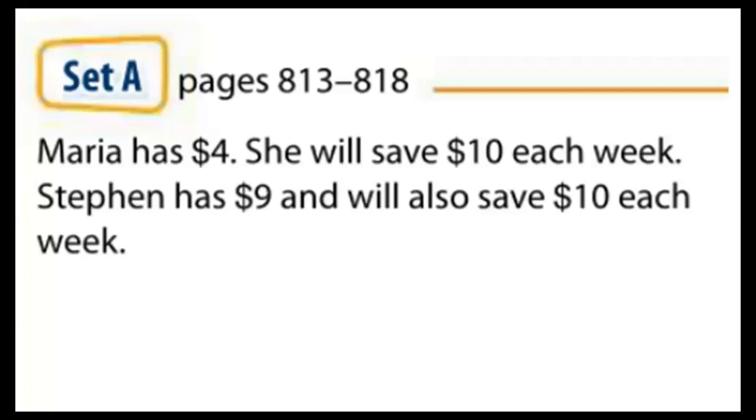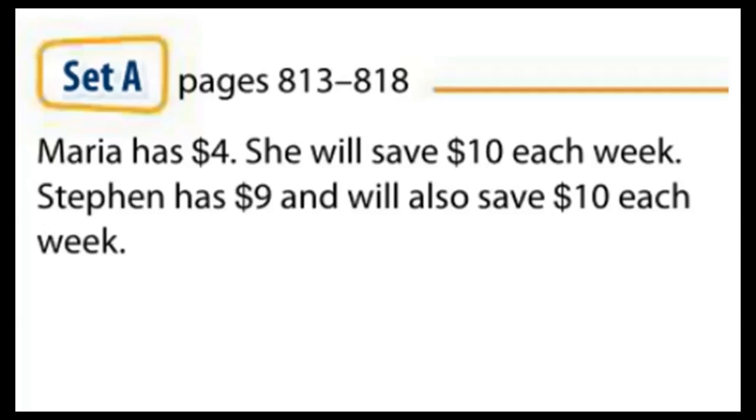I'm going to deduce this rule or this pattern from the sentence in front of me. For example, here, he said Maria has $4. Well, she will save $10 each week. Steven has $9 and will also have $10 each week.